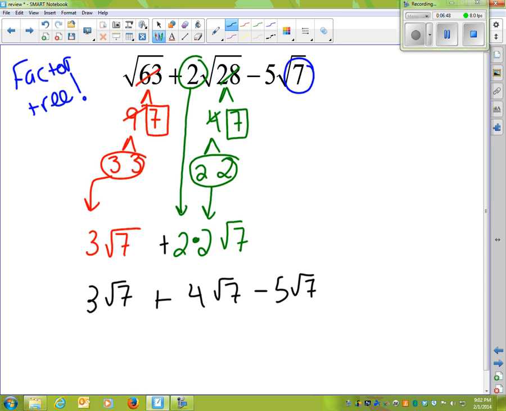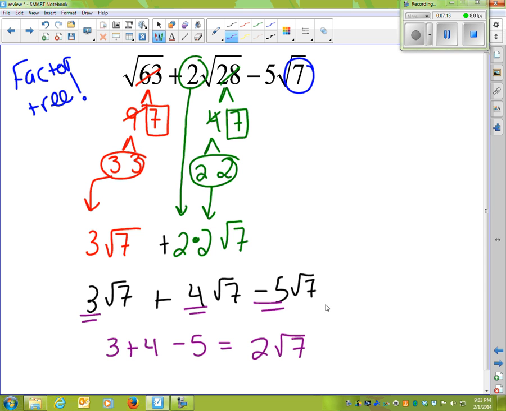All my radicands are now the same, so I can add and subtract. And when you do that, you add and subtract the outside numbers. So I'll take 3 plus 4 minus 5, which is equal to 7 minus 5, 2 radical 7.